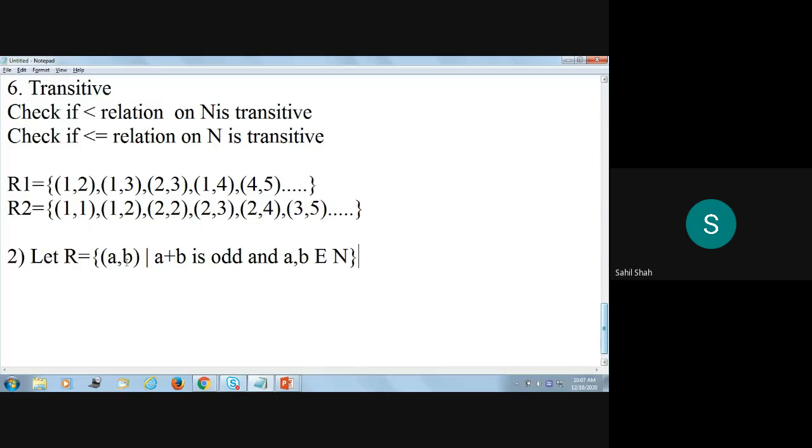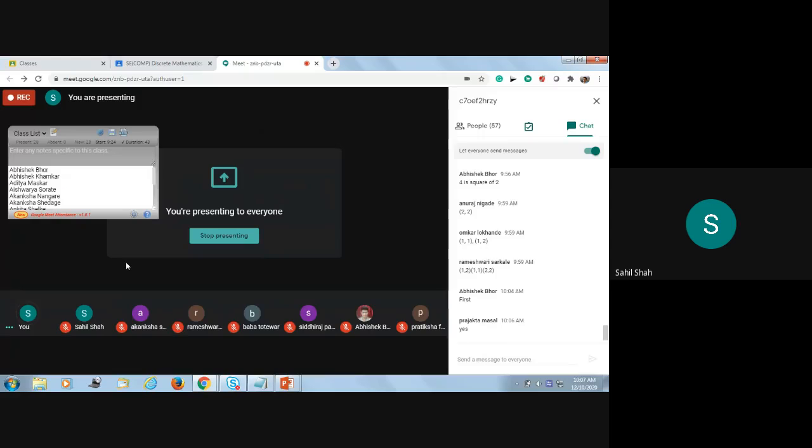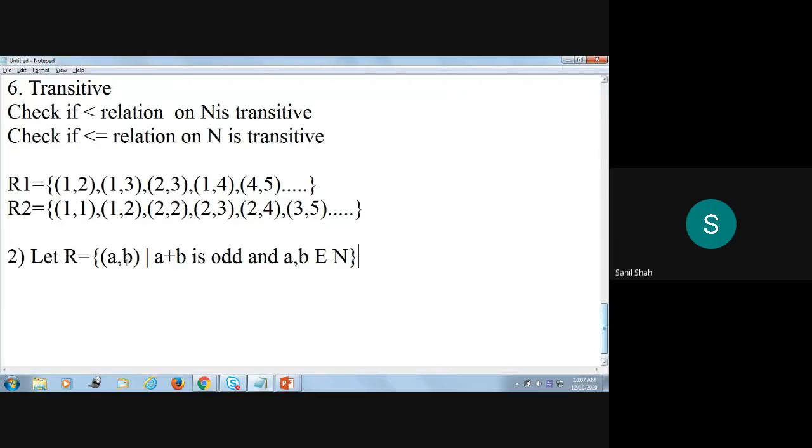Is it transitive? Is it reflexive? Is it symmetric, asymmetric, or anything? I hope you have understood what I am talking about. So, whether this relation R is transitive.